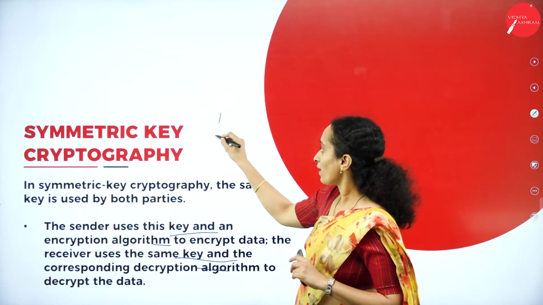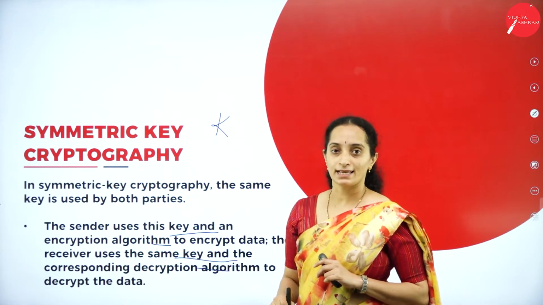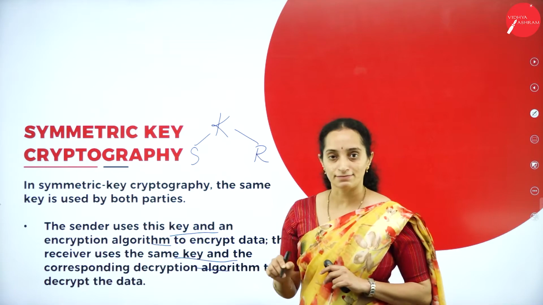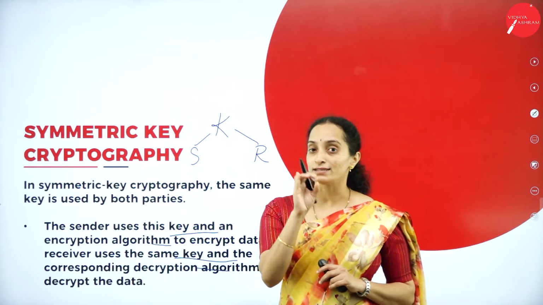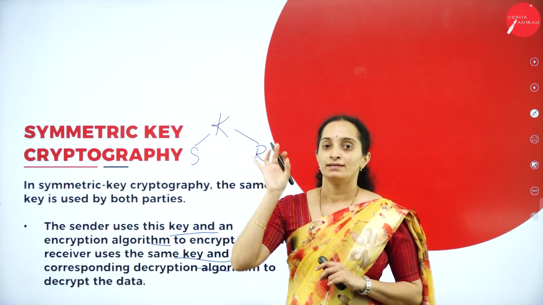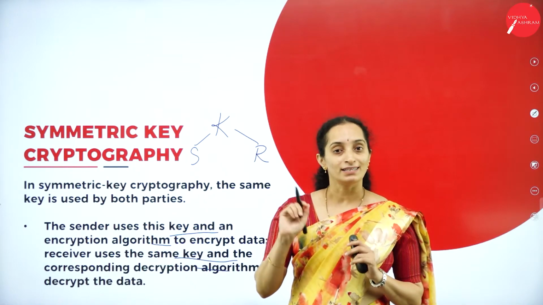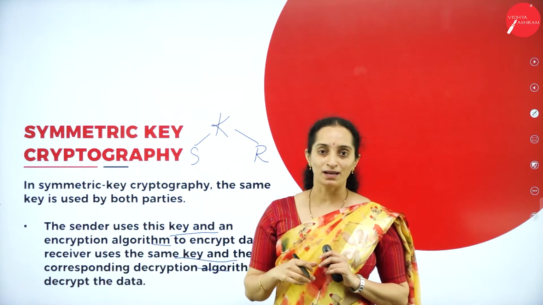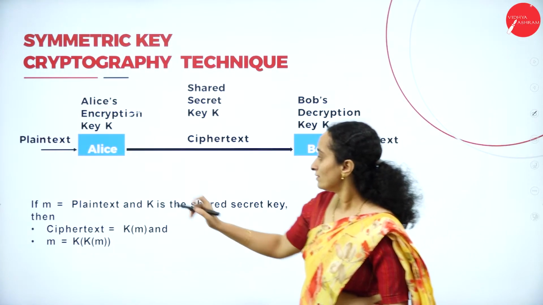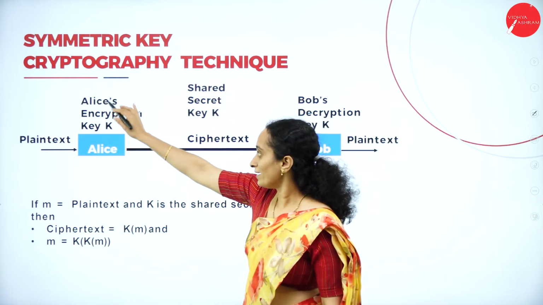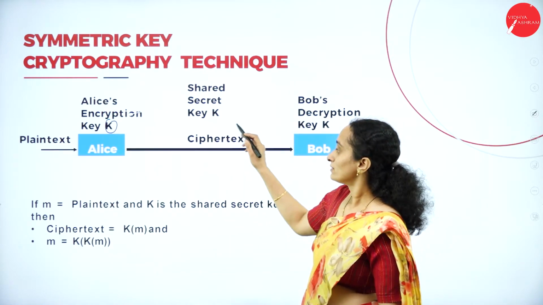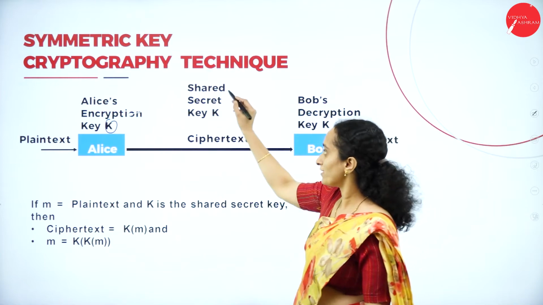If you have K as key, this key will be used both by the sender and the receiver. The sender has to send this key along with the ciphertext, and the receiver will receive the key and use it to transform the ciphertext to the plain text. So, Alice uses the key K to change the plain text to ciphertext.